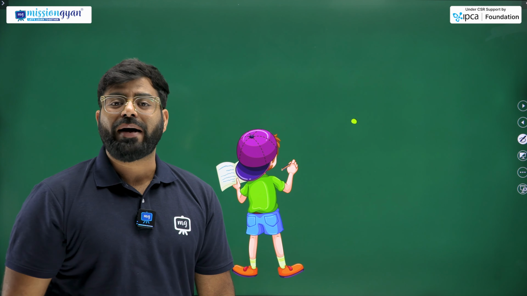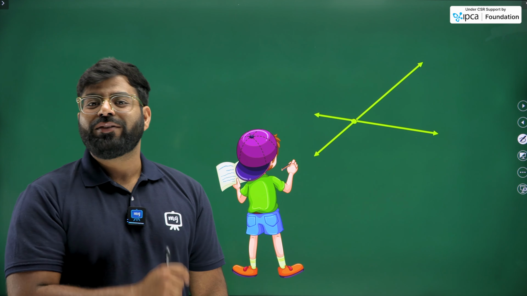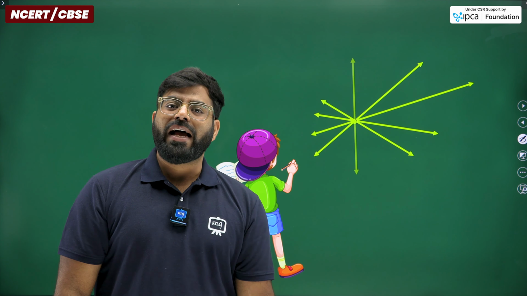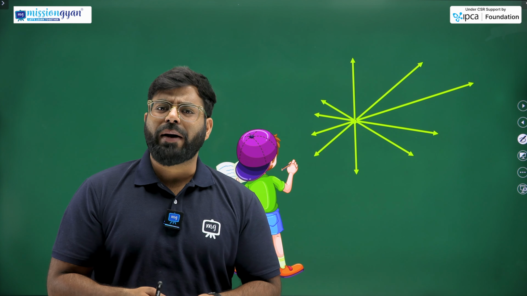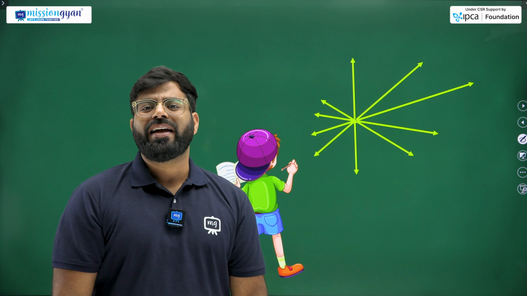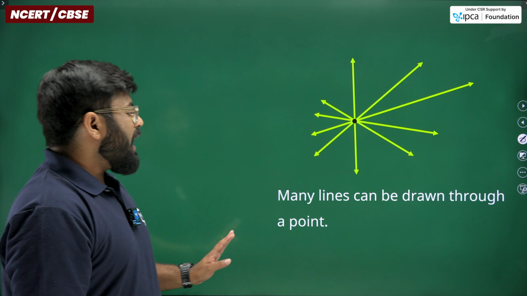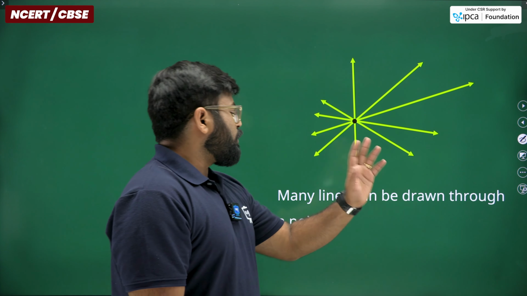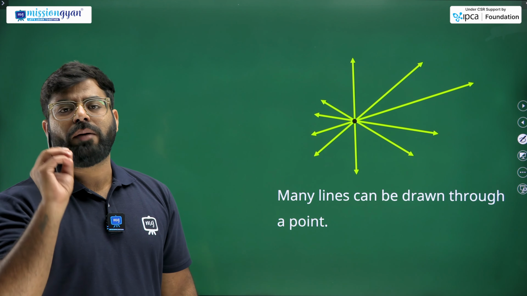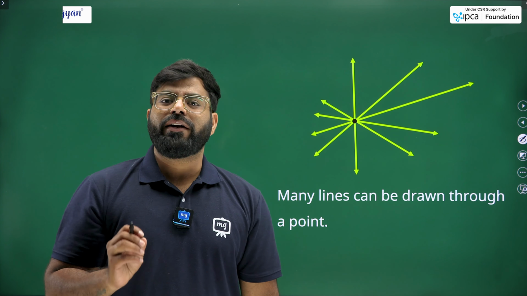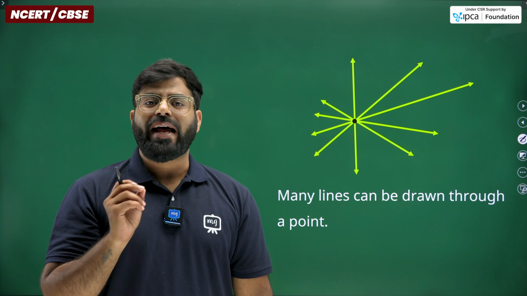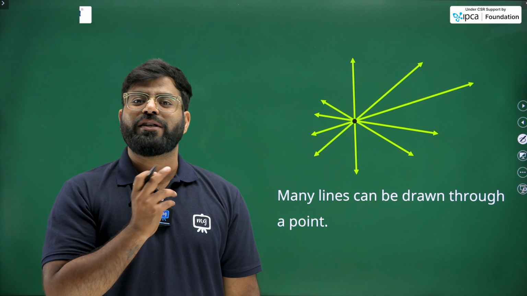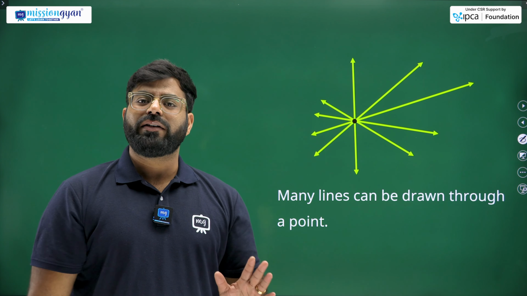Let's see. Can he pass one line, 2, 3, 4, 5, and many other lines through the point? So Rihan is saying that he can pass many lines through the point. From a single point, you can draw infinite lines, or I can say many lines, that pass through the point. Is that clear?